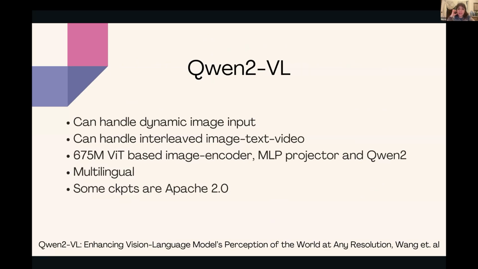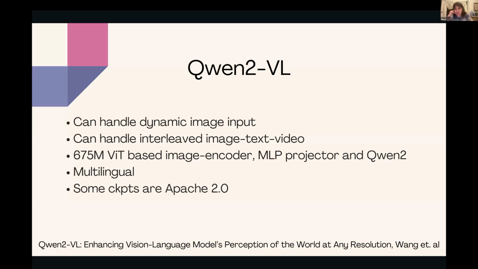dynamic input. It can take in interleaved image, text, and video input. If you don't know what it means, it means that within the text you can talk about multiple images and point out a specific image. It consists of a vision transformer based image encoder that they have trained.